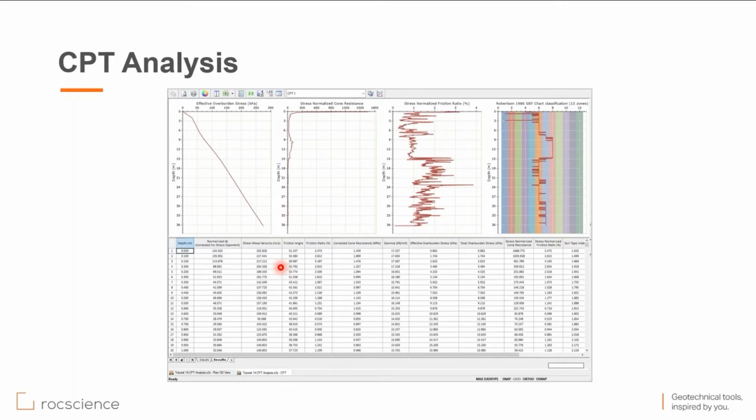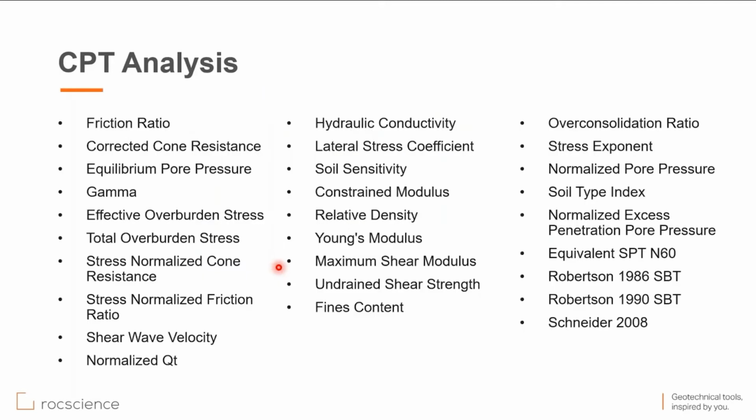You can adjust that layering with some adjustment factors, and you can also get a lot of information out of this. These are the information that you can get from CPT analysis, from friction ratio, corrected cone resistance. There are a lot of things that you can get as soil properties from the CPT analysis. And you can use a couple of methods to layer the soil, you can separate the soil into different layers having different properties.